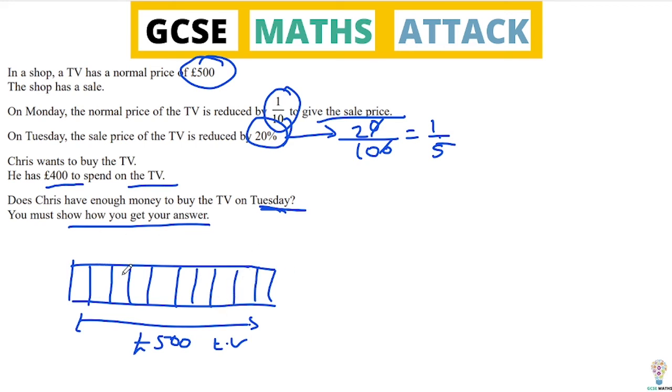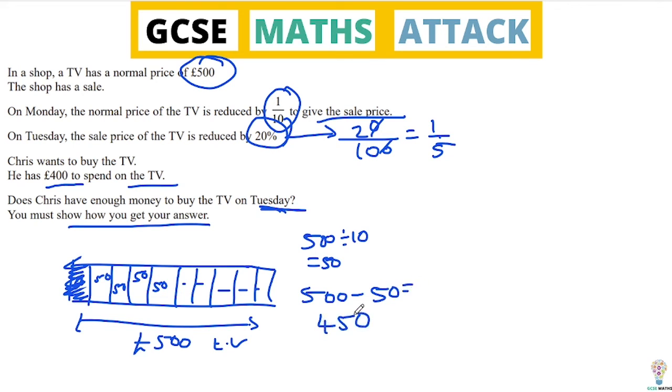So you're going to do 500 divided by 10, which is 50. They're all worth 50. So what I'm going to do is knock off the 50. So technically what I've done is 500 subtract 50, which is 450.